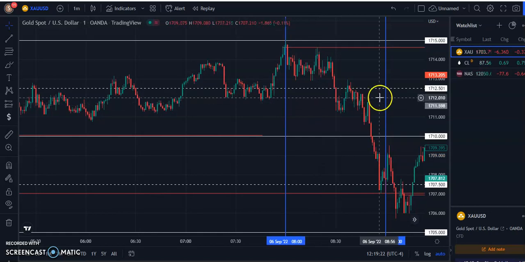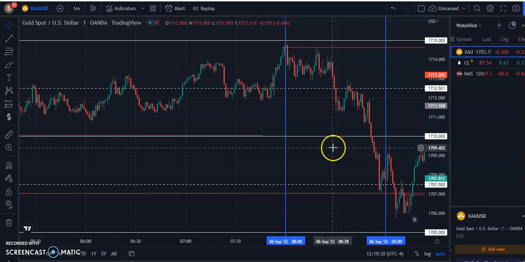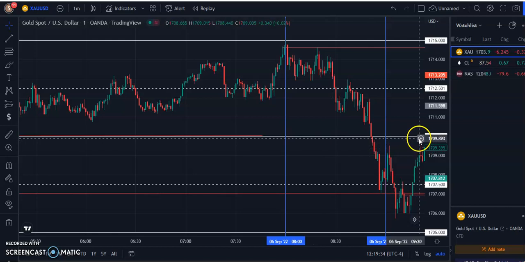Now when you look at this trade, the engulfment formed at 9:23 a.m., 7 minutes before 9:30.